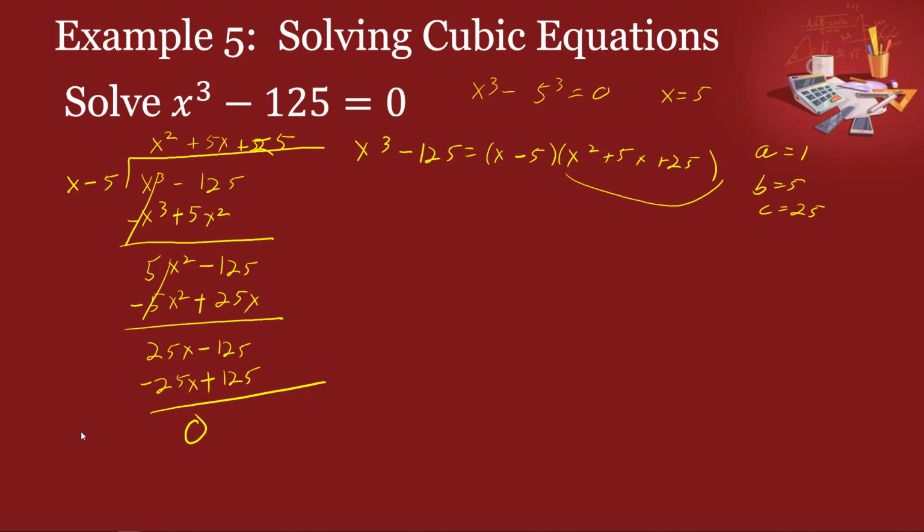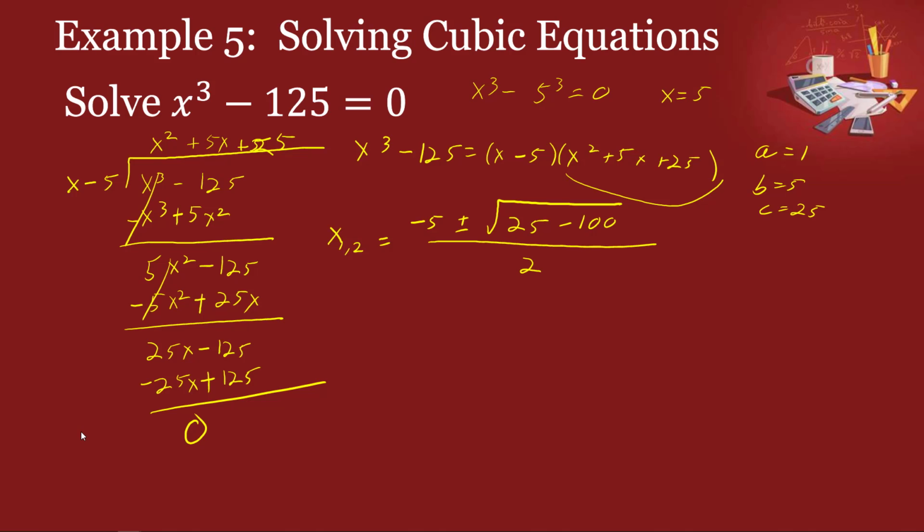Okay, so we're going to have that x₁,₂ is equal to negative b, which is negative 5, plus or minus the square root of b squared, which is 25, minus 4 times a times c, which will be 100. And all this will be divided by 2.